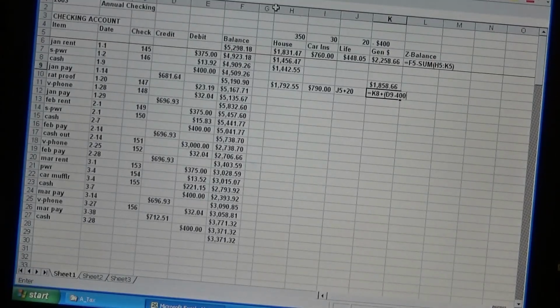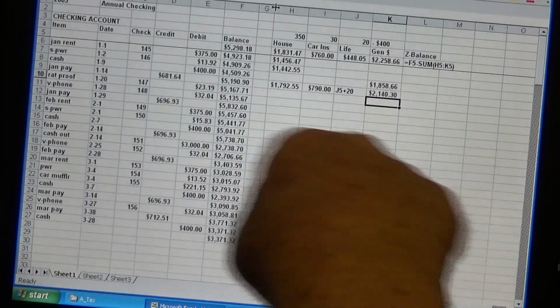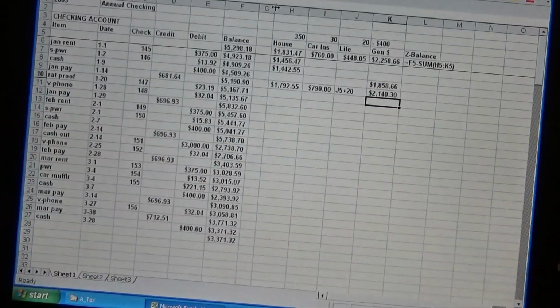That way we don't have to calculate what's in there. The spreadsheet will do the calculating for us. And that's going to show how much was added into there.